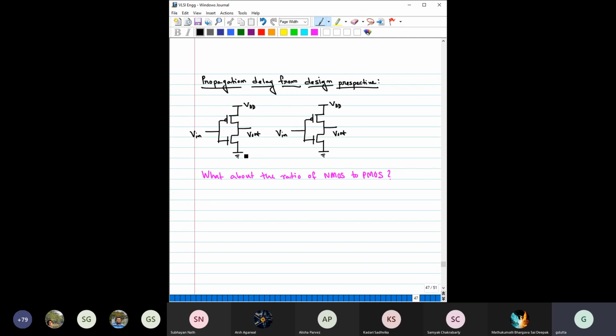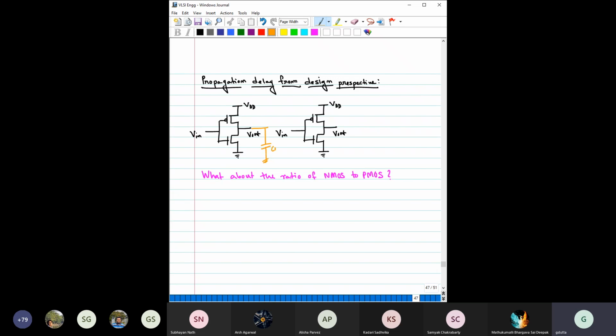Okay, now let us focus on the first one. How do you decide the ratio of this NMOS and PMOS? Just now we have discussed based on the resistance, right? Because we want a symmetric charging and discharging. Suppose you have a load capacitor here.